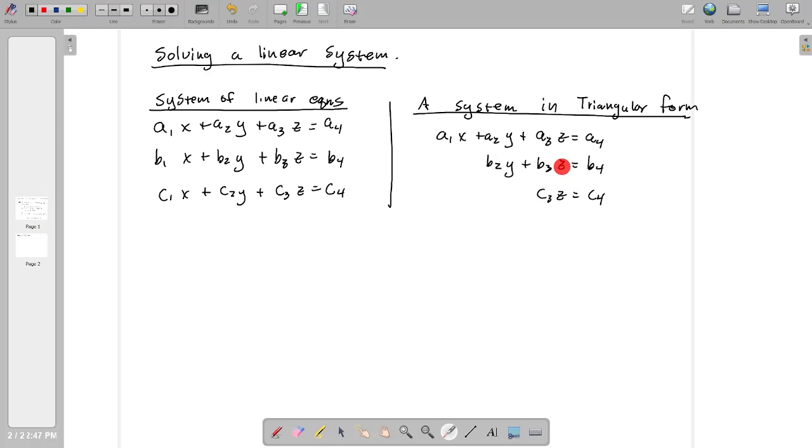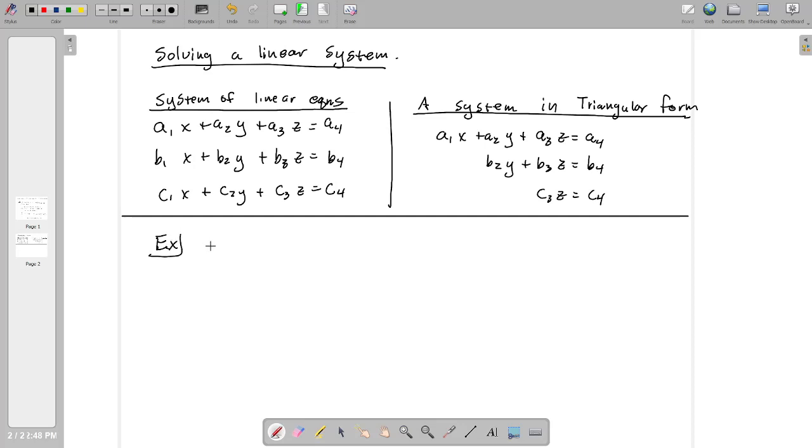Because we know what z is, it would be a single equation and a single unknown again. Then once we have y and z, we can plug them both in here and solve for x. This is all called back substitution, and we've done it several times in the last section where it's the last step of solving a system of linear equations. And I'll show you what I mean by this.